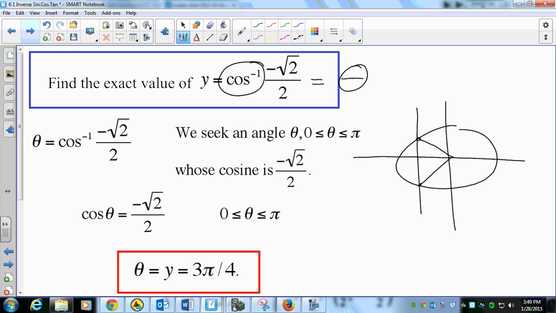So what theta is it going to give us? Remember, for cosine, we're only dealing on the interval from 0 to pi. So this is going to be our principal angle. That principal angle right there is 3 pi over 4.